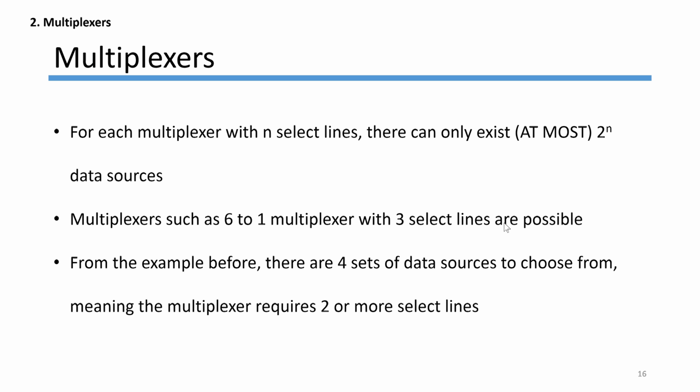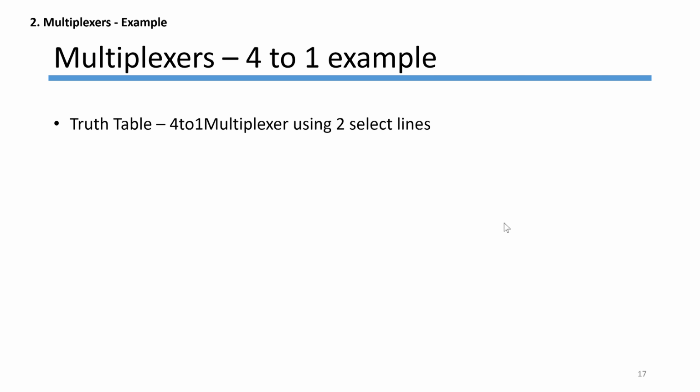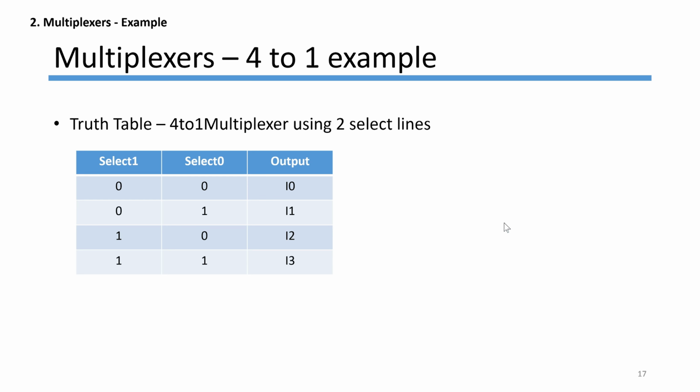From the previous example, we're trying to display 1830. There are 4 sets of data sources to choose from, meaning you'd require 2 or more select lines. Now, let's look at the example of a 4-to-1 multiplexer. Based on the truth table below, select 1 is the higher bit and select 0 is the least significant bit.